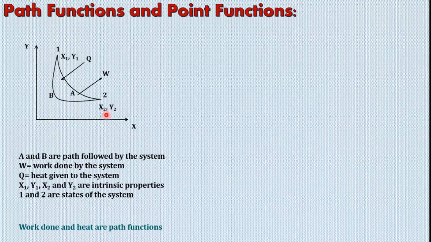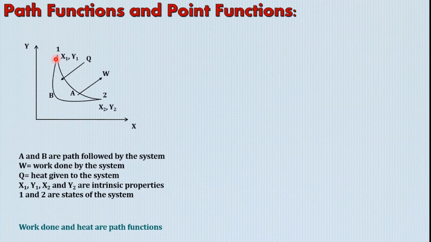Similarly, x2 y2 values are also considered at an extreme point of the path, and therefore whether the system follows path A or path B, the values of x1 y1 and x2 y2 will remain the same. They will not change, and therefore these are called point functions, as they are defined at points and not along the path.